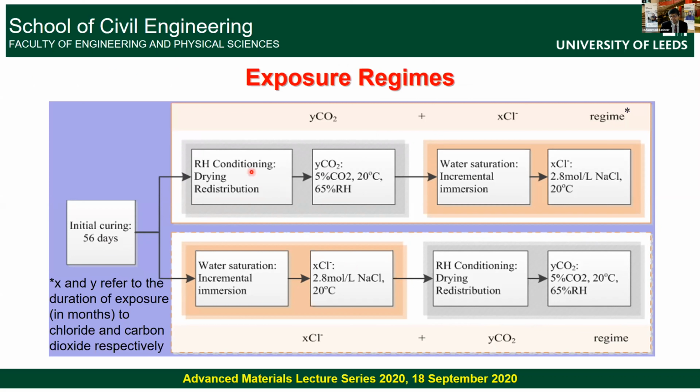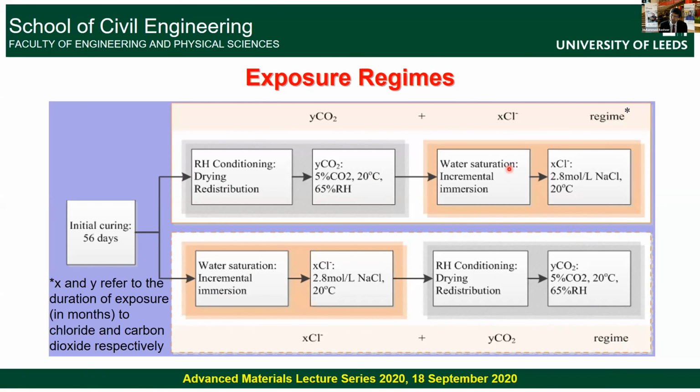One is where we conditioned the samples for relative humidity, by drying and redistributing the moisture. So we were expecting to get 65% relative humidity in the concrete, and then it was exposed to 5% CO2 and 20 degrees Celsius. This Y stands for different durations of exposure, and the durations were 1, 2, and 3 months. After that, samples were also exposed to chlorides.